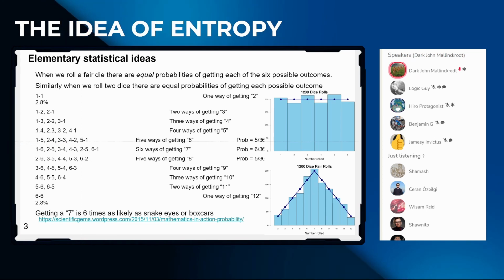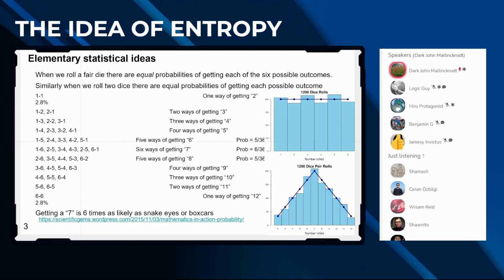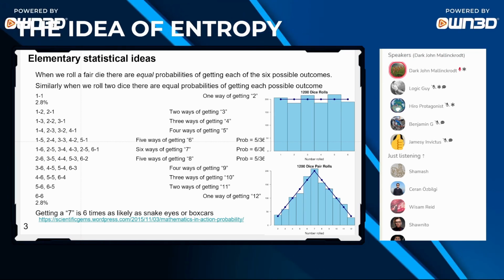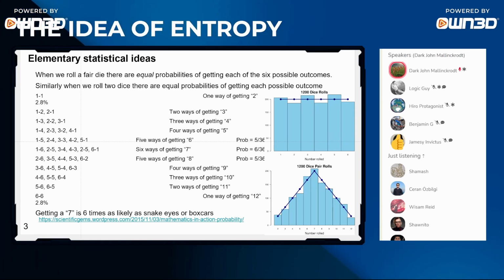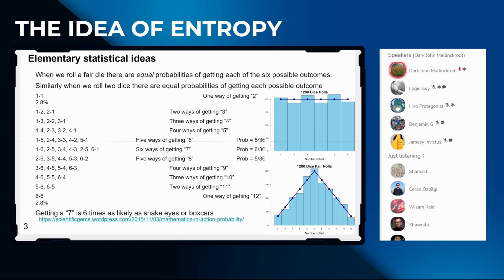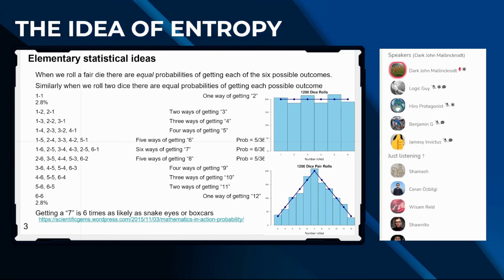Okay, good. Let's see. Benjamin said something which is really nice. In this sequence that I've got here, you notice that I'm always counting 1, 2 as different from 2, 1. And those are what we would call in thermodynamics microstates. There are basically 36 microstates.